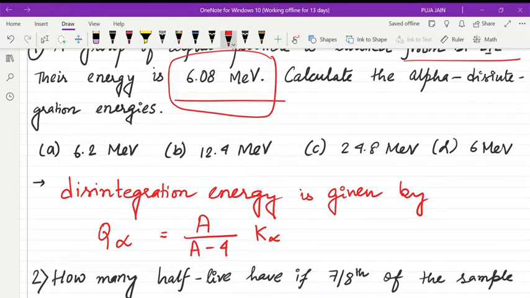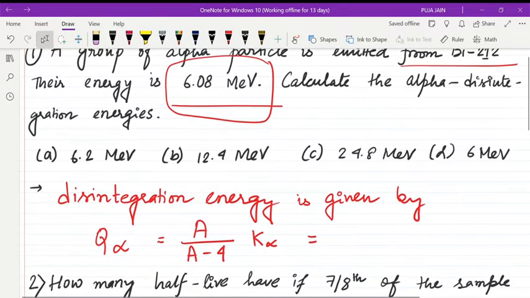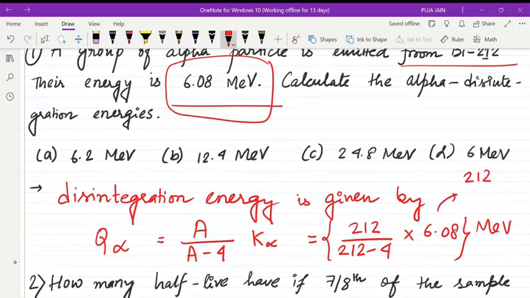Now for bismuth, A is given 212. So 212 by 212 minus 4 into 6.08 MeV. Now if you calculate this, this is 212 by 208 into 6.08.